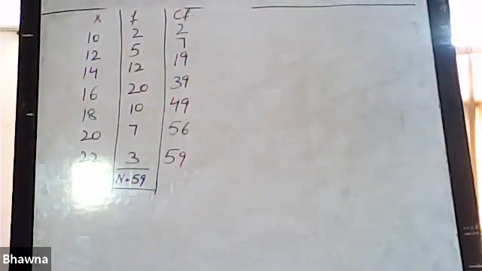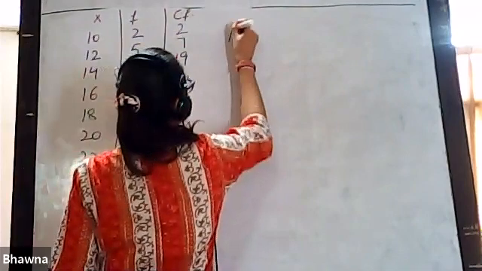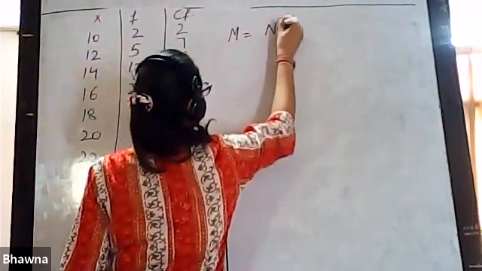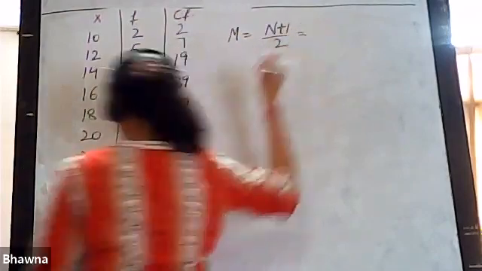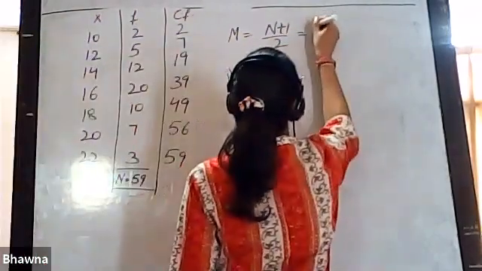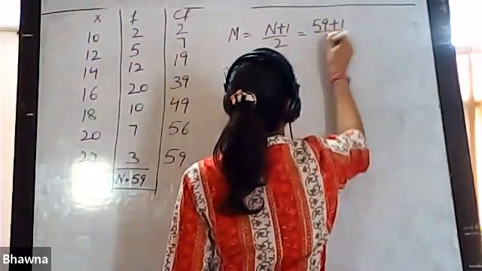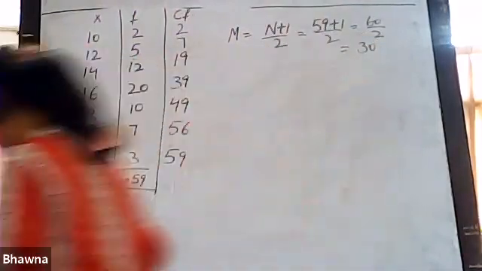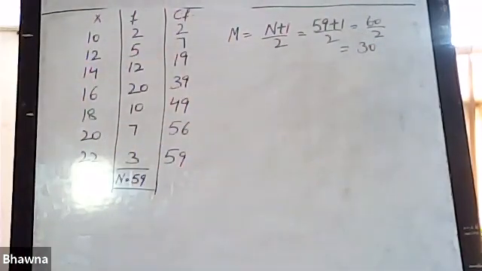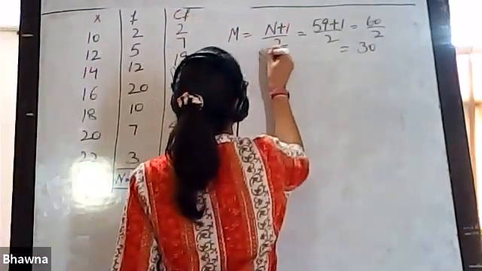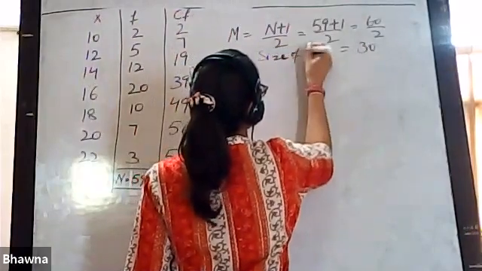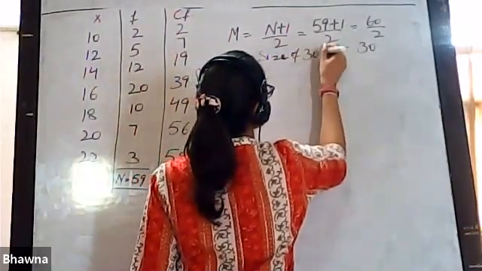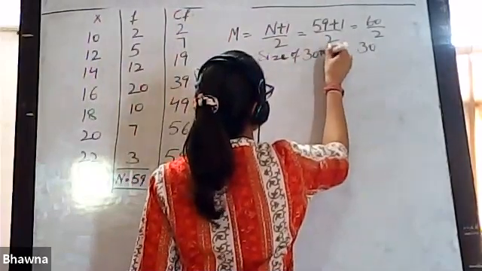Now we have to apply the formula. M is equal to (n plus 1) divided by 2, and n is here 59, plus 1, divided by 2, that is 60 divided by 2, that comes to 30. So we need the size of the 30th item.